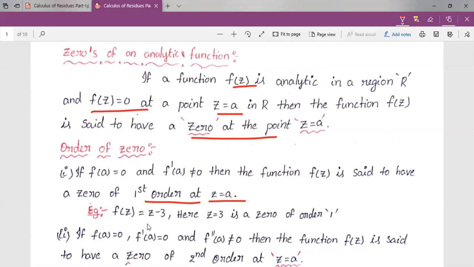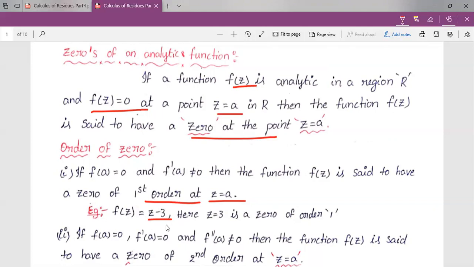Observe the example, f(z) equals z minus 3. Here z equals 3 is a zero of order 1. When we substitute z equals 3, f(a) is 0.